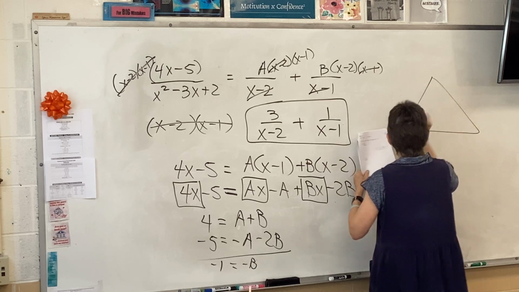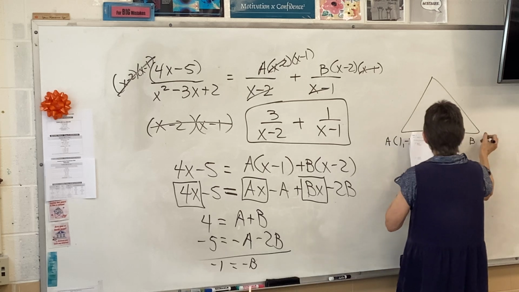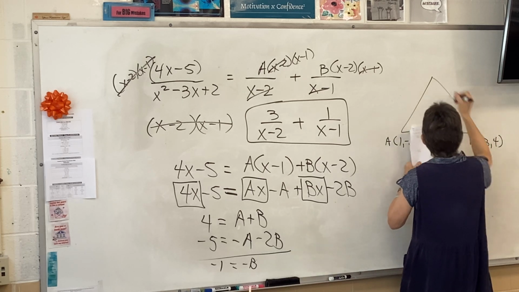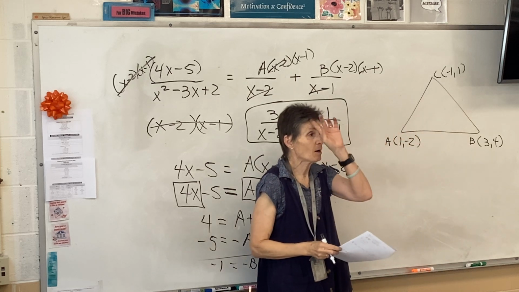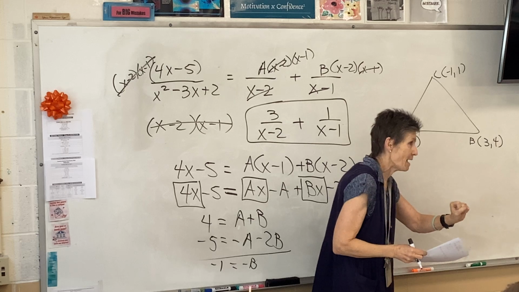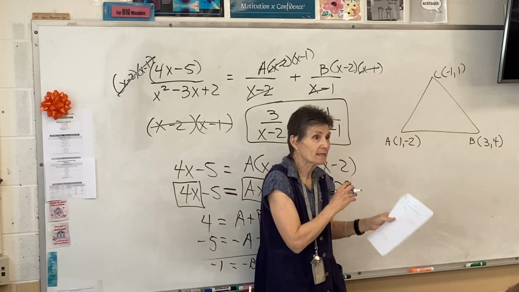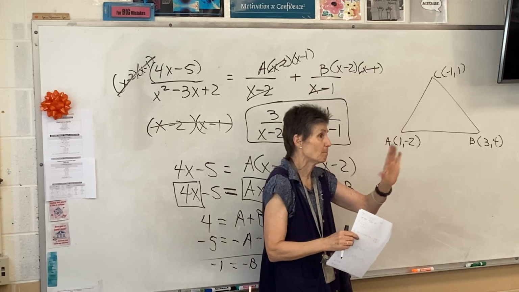Here's my triangle. Point A is 1, -2. Point B is 3, 4. And point C is -1, 1. Now, some of you are freaking out because, wait, those points don't look right. Kids, where I put them doesn't matter. If you're really uncomfortable with it, get out a piece of graph paper and go ahead and graph them, but that isn't important.